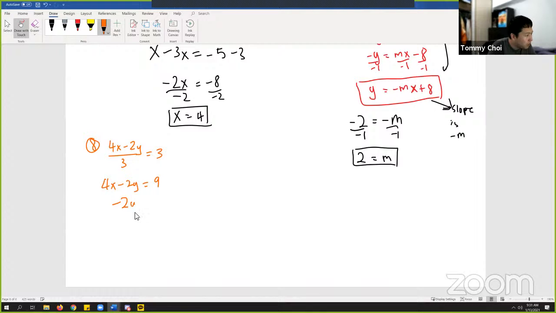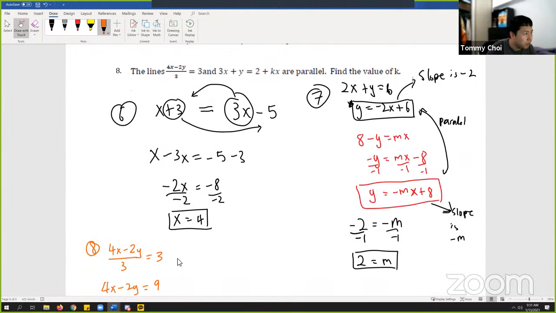Moving the 4x over, we're going to get minus 4x plus 9. Dividing everything by negative 2, we're going to get y is equal to 2x minus 9 over 2. So there's our first equation there.